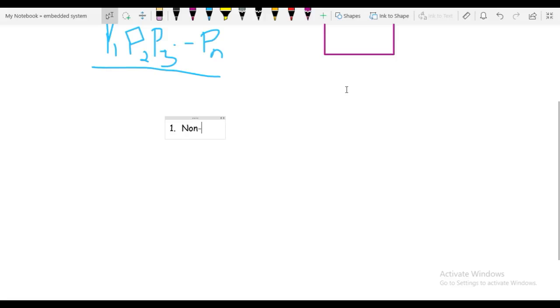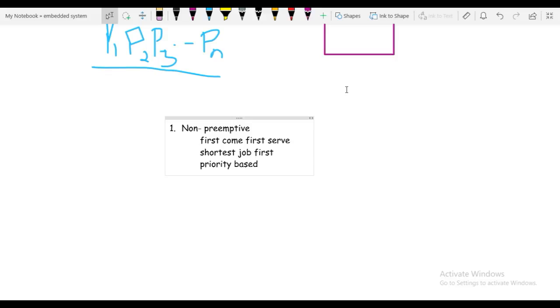First is the non-preemptive fashion or manner. Under this we can find first come first serve, shortest job first, priority based scheduling.